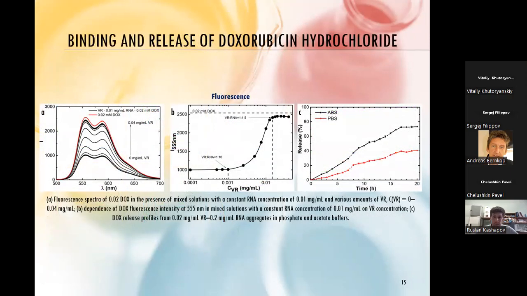After being certain that the nanoparticles are able to bind hydrophobic molecules, it was further decided to test the ability of these nanoparticles to interact with hydrophilic doxorubicin hydrochloride.